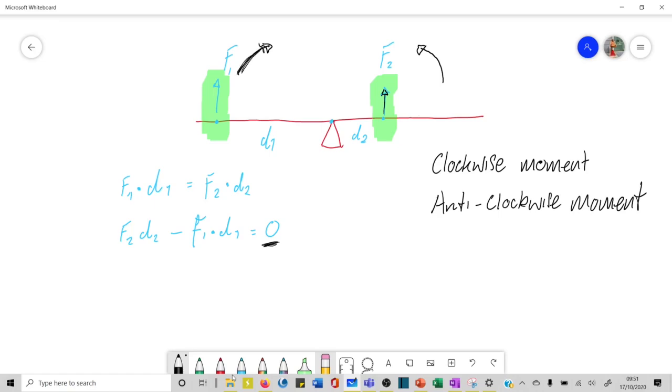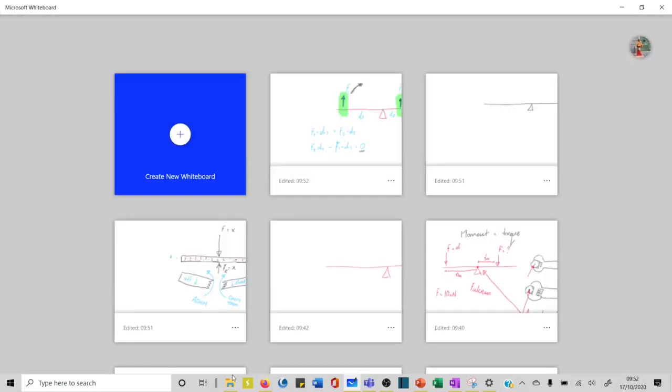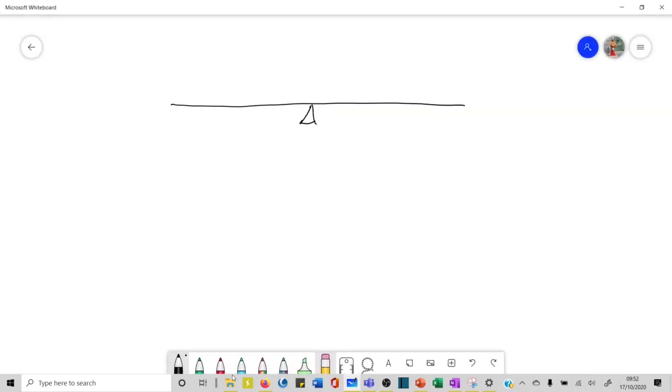Okay, so both of these need to be balanced out so that the seesaw stays the same. So what you're getting here obviously needs to be counteracted with this one. Okay, but let's make it a little bit more difficult, and then we'll do an example.